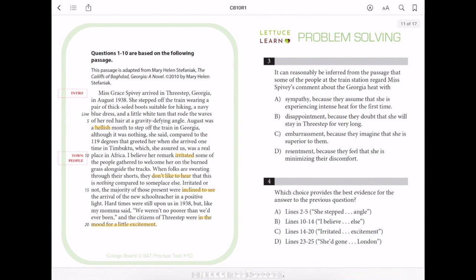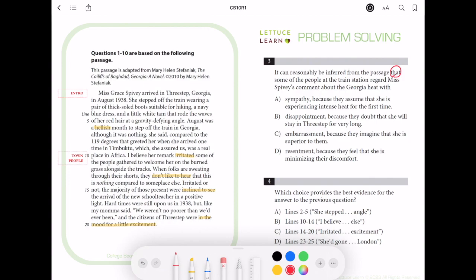Questions number 3 and 4, paired questions. The question format looks intimidating, but let's remember not to be scared by how a question looks. Instead, let's focus on the that part. And notice that this question is about the people. And we remember that the people were mentioned in paragraph 2. And there are marks like irritated, don't like to hear, inclined to see something, and in the mood for a little excitement.